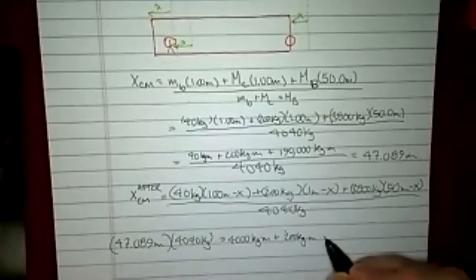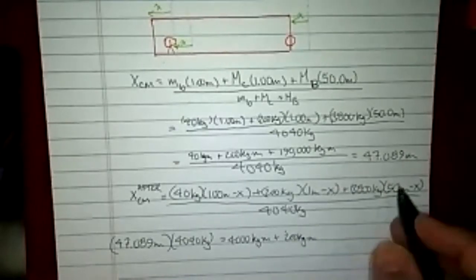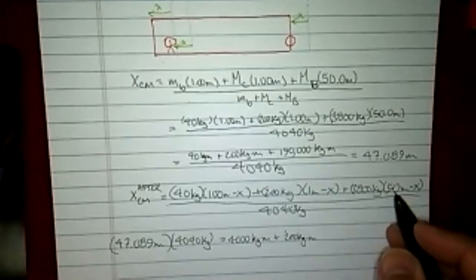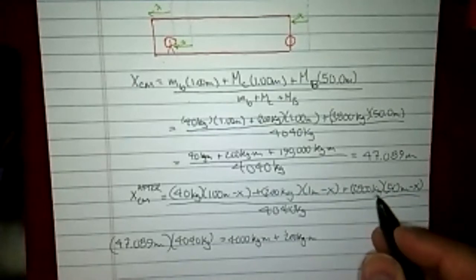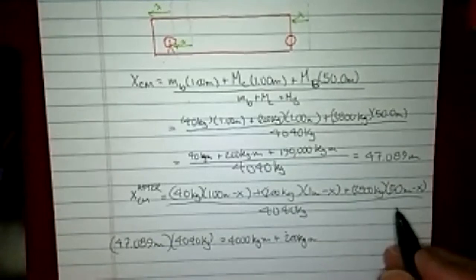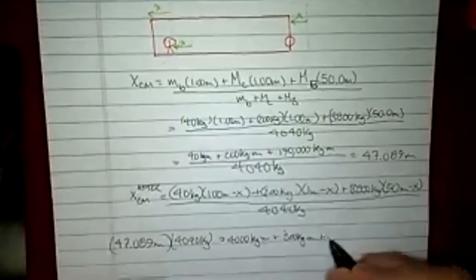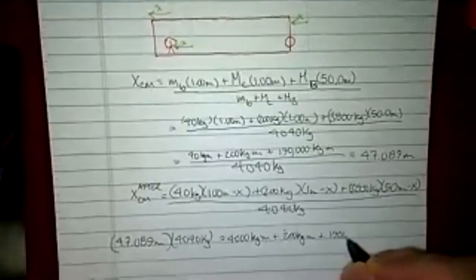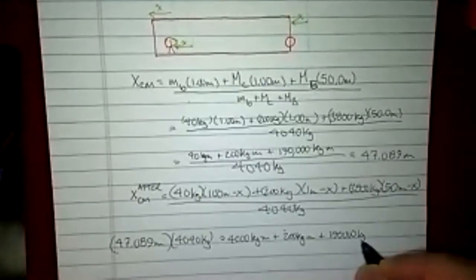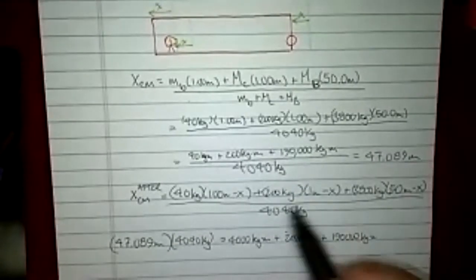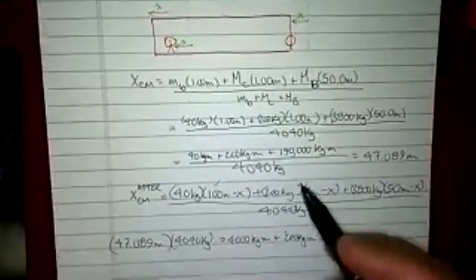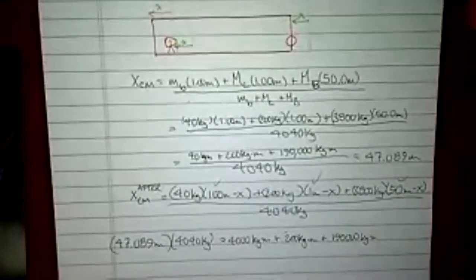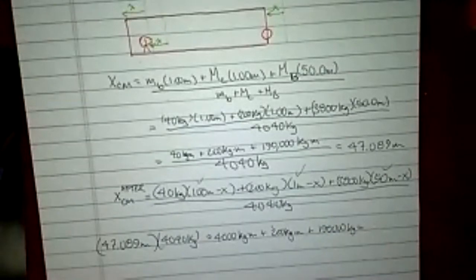We did that before. Oh, actually, times 50. Yeah, if it's times 100, it'd be 380,000. So yeah, this will be plus 190,000 kilogram meters. But that just takes care of this term, and this term. I still need the x terms.